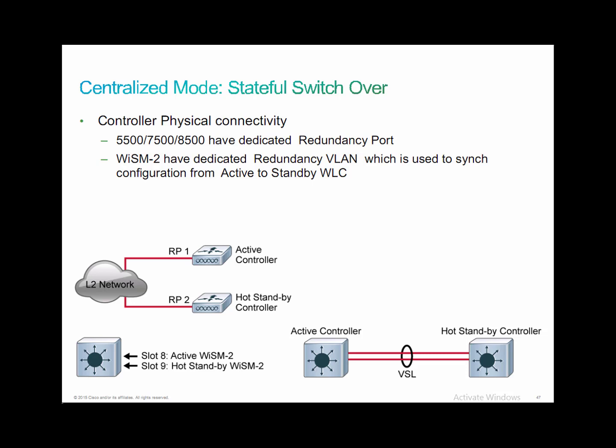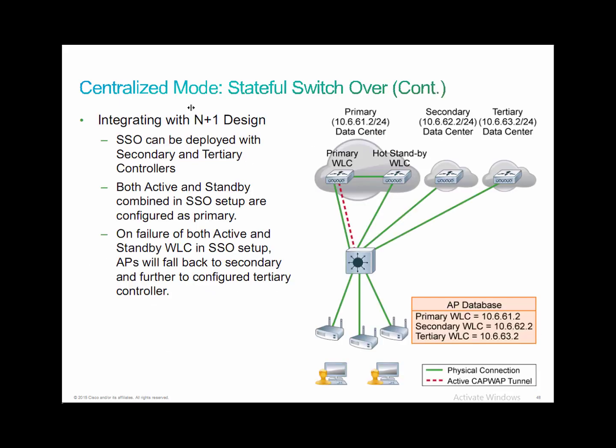High availability, meaning AP stateful switchover, can be deployed with secondary and tertiary controllers as well. Both active and standby controllers get combined into the high availability setup, and then they should be configured essentially as the primary controller.